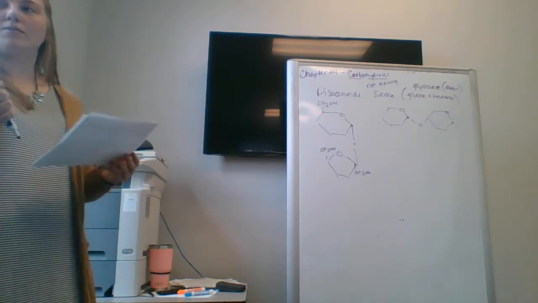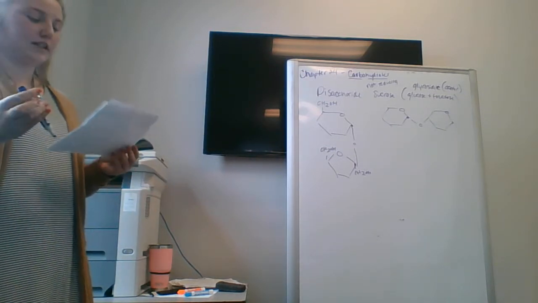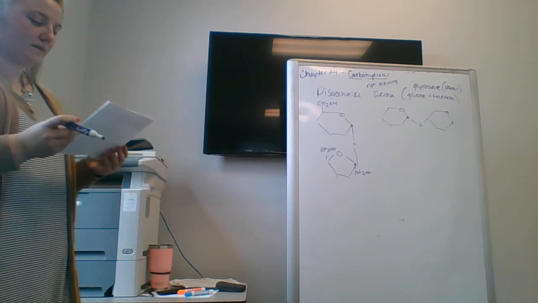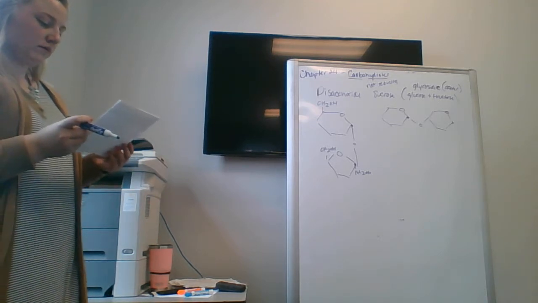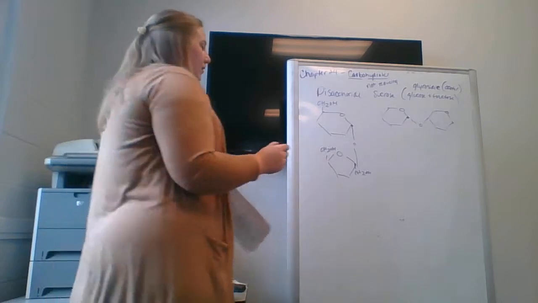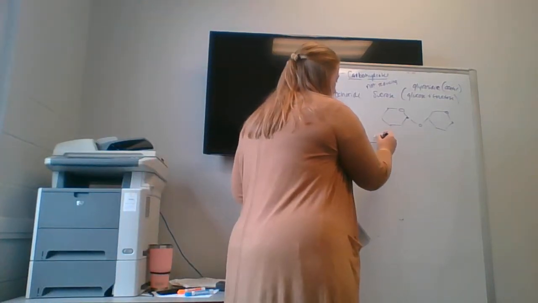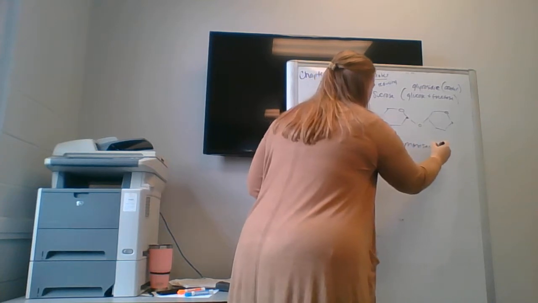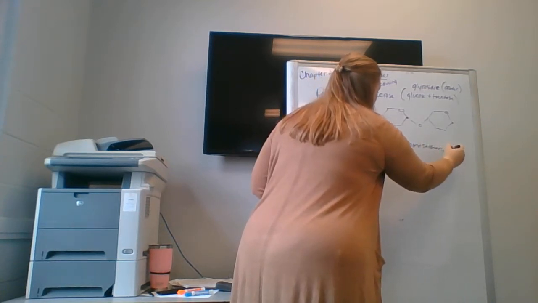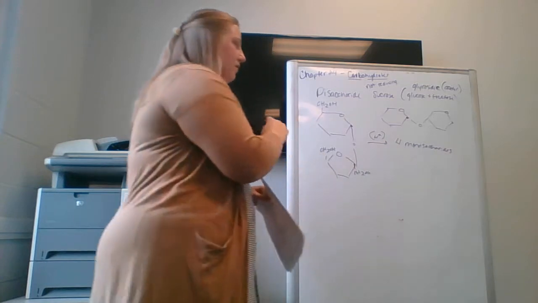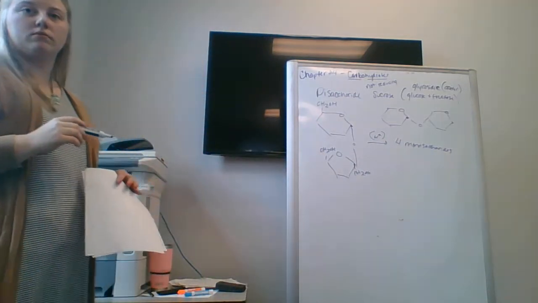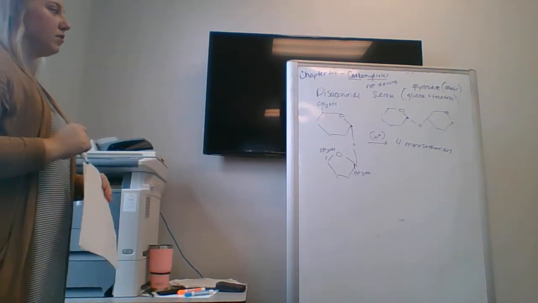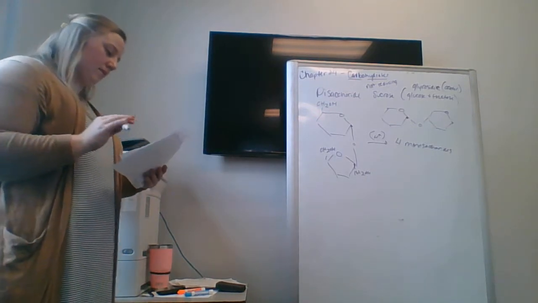Did he ask you about invert sugars on your quiz? Yeah. Okay. So you react it with an acid, and you get monosaccharides. This process is referred to as an invert sugar. Okay? So sucrose is considered an invert sugar.